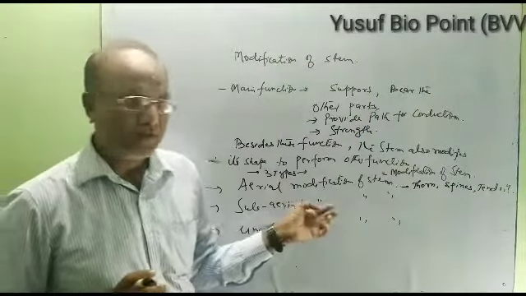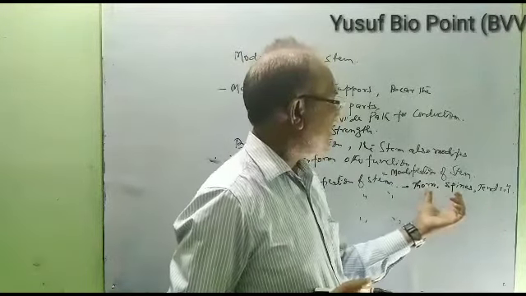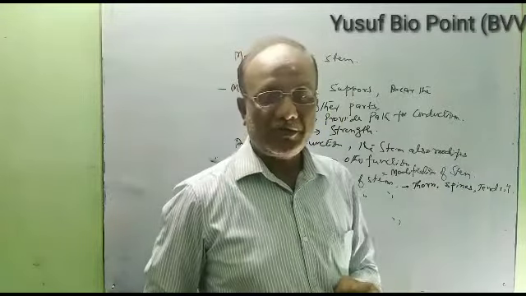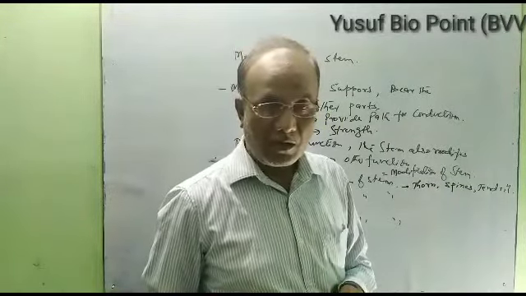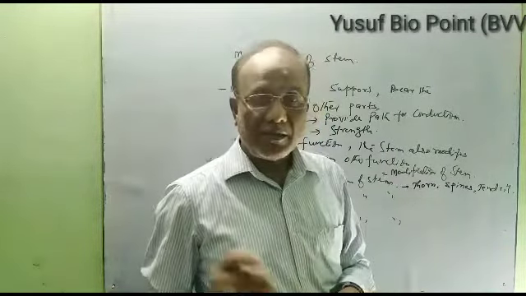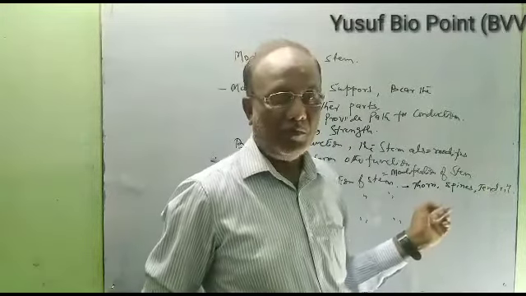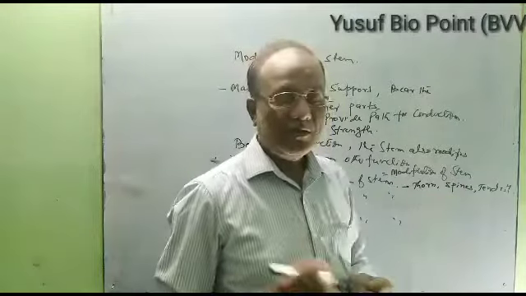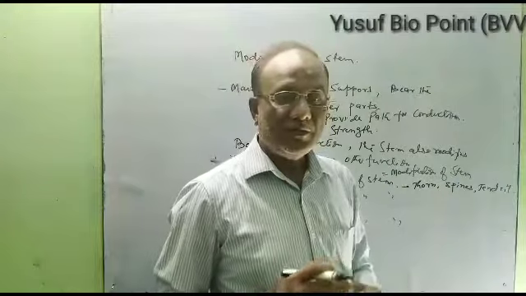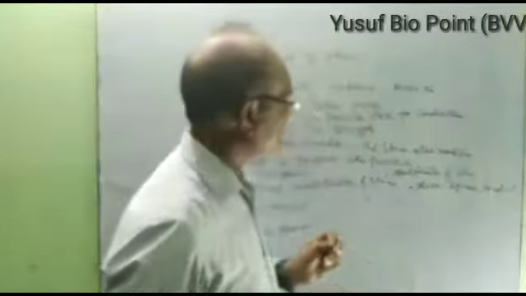These are the aerial modifications: the tendril is for the climbing of plants, and thorns and spines protect the plant from animals, including humans. For example, thorn in acacia. Spines are small thorns like that. They also save the plants from external enemies.